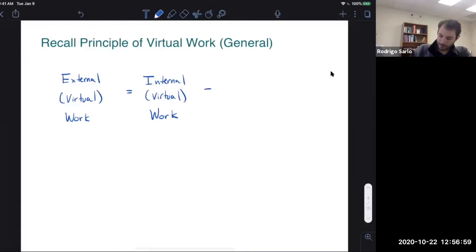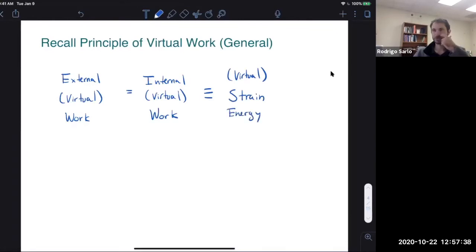And I'm going to add one bit of detail here where we define internal virtual work as virtual what? You guys remember? We had another term for internal work. Okay, strain energy, right?